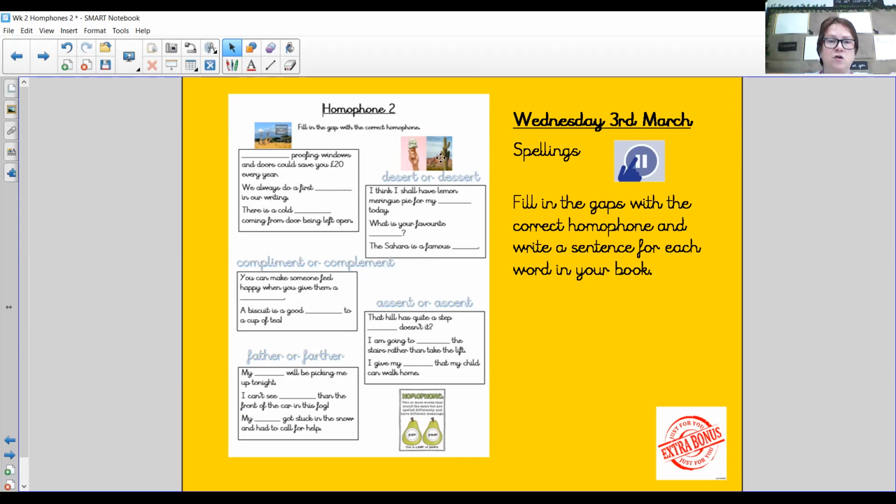This is desert or dessert, compliment or complement, assent or ascent, father or farther. So you need to add in whichever is the correct spelling in that line. So if you write them in your books, you can add in that word and underline it so we can easily see it. And that checks that you understand the meaning of each of the correct spellings.